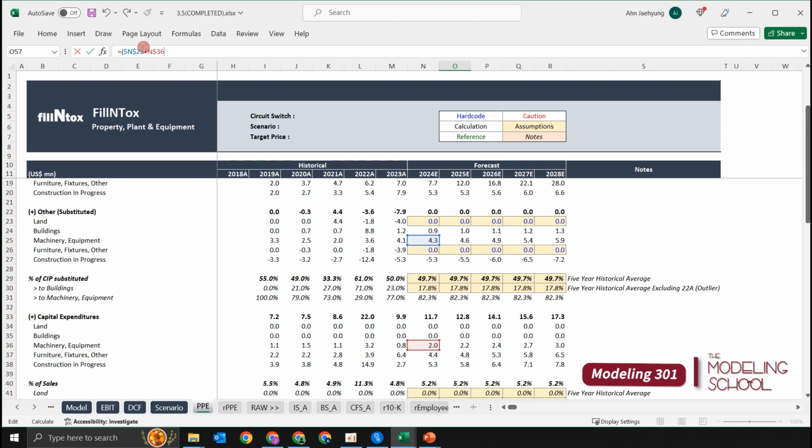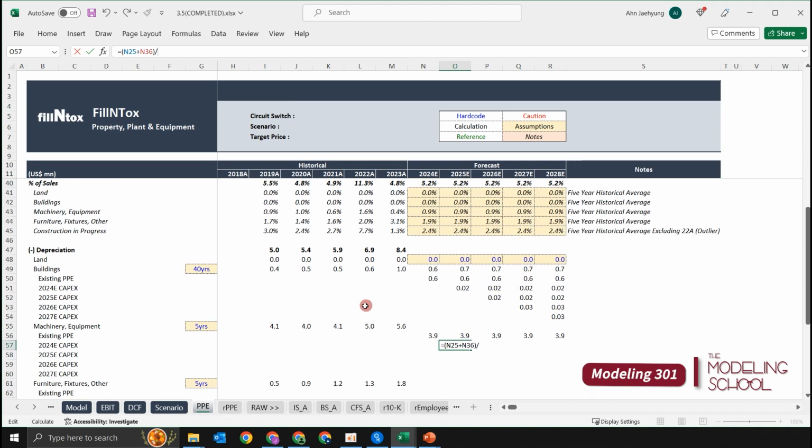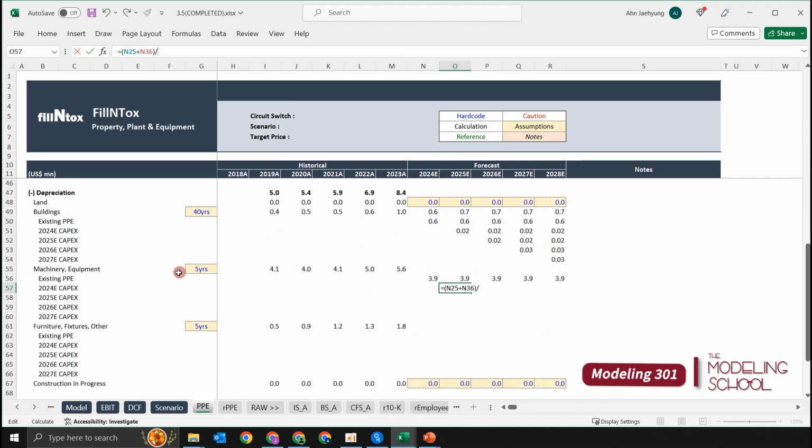Actually, let's redo the anchoring process. Let's leave it alone. And then divide it by useful life. And for this, we're going to anchor it.